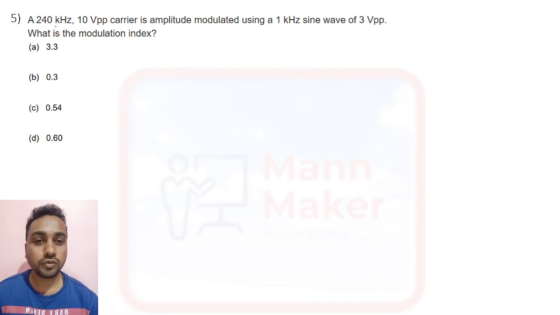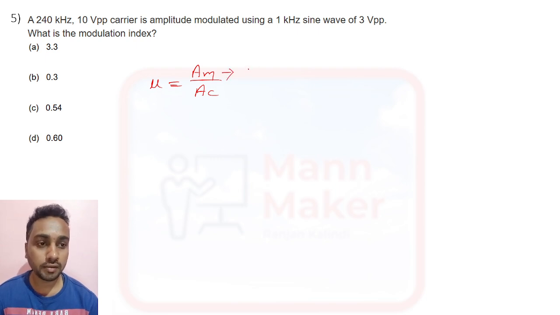A 240 kilohertz 10 VPP carrier is amplitude modulated using 1 kilohertz sine wave of 3 VPP. What is the modulation index? Modulation index is generally denoted with mu. Mu equal to Am by Ac.